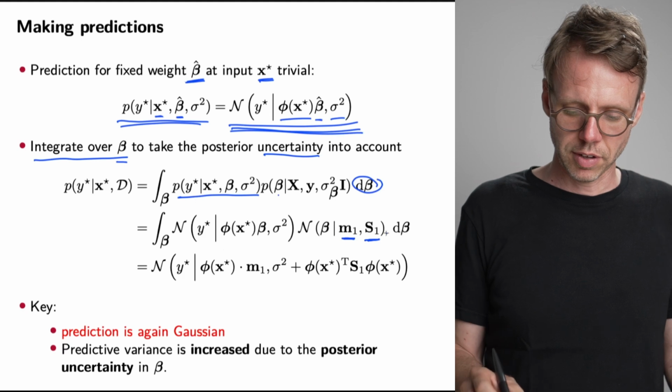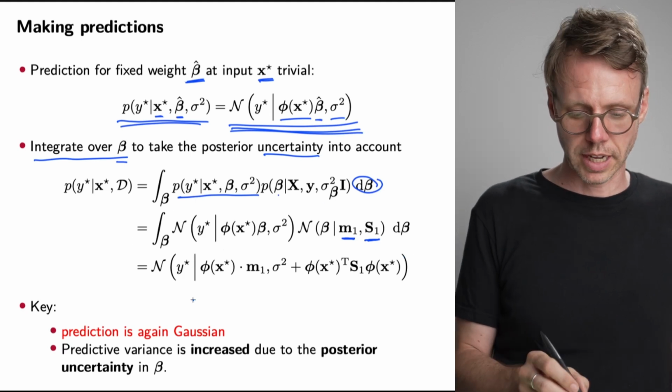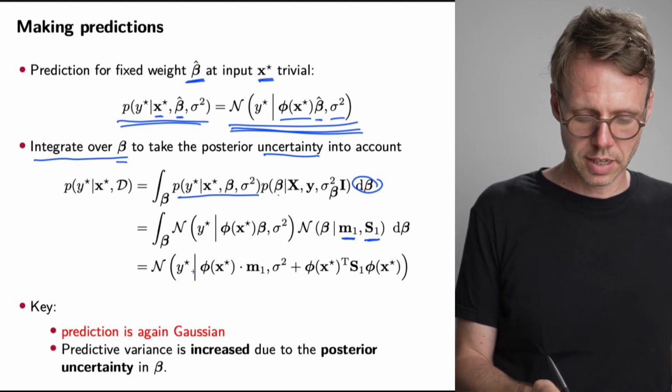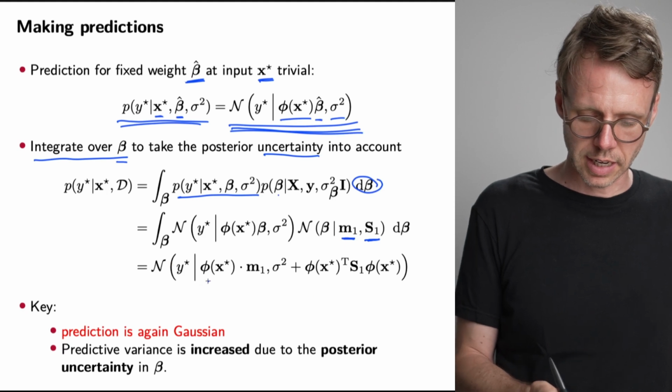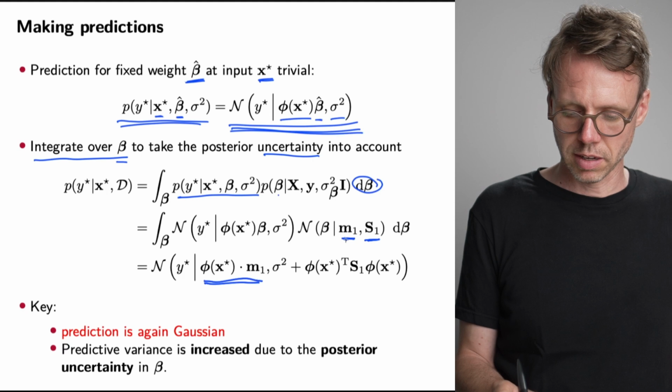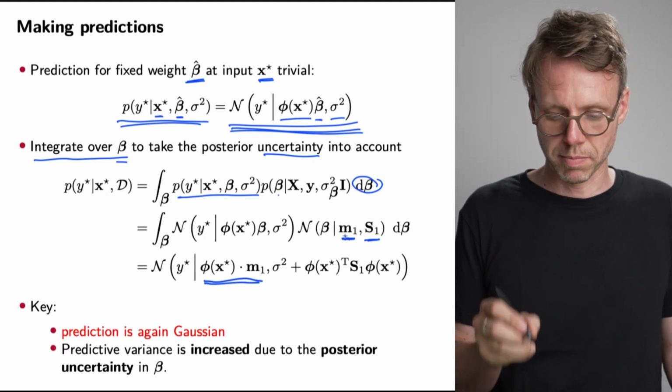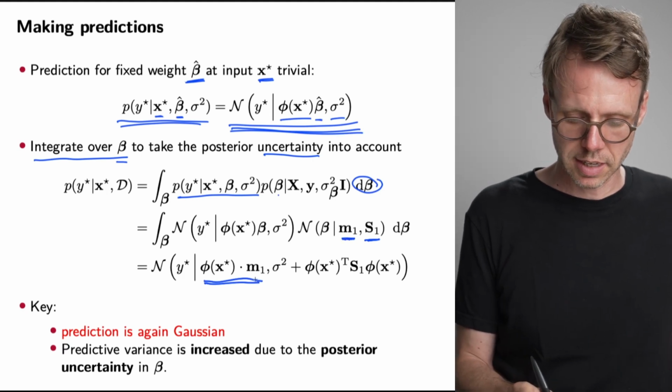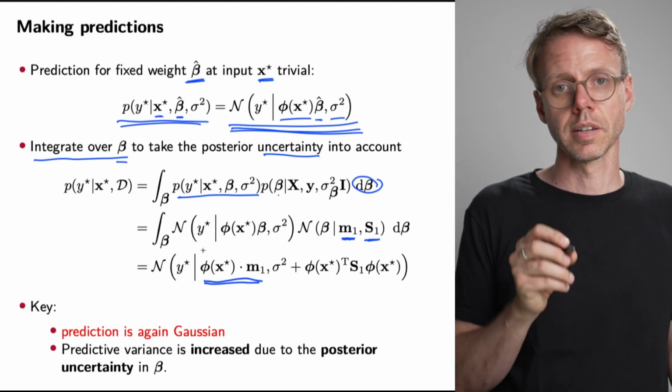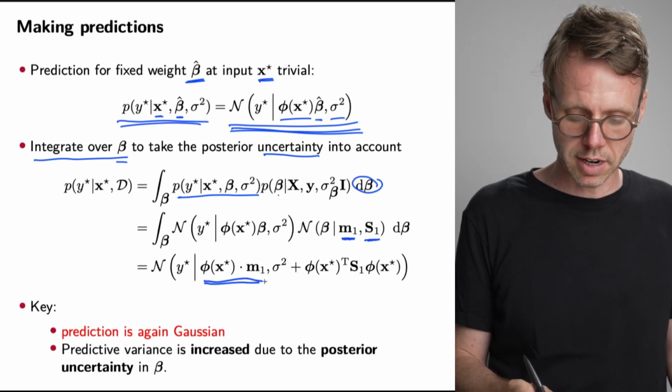And if we compute this integral here, we get a new normal distribution in y star that has as a mean the posterior mean of beta times the input phi of x star.